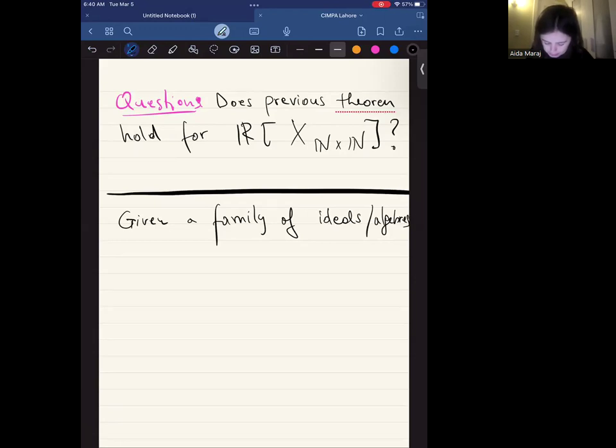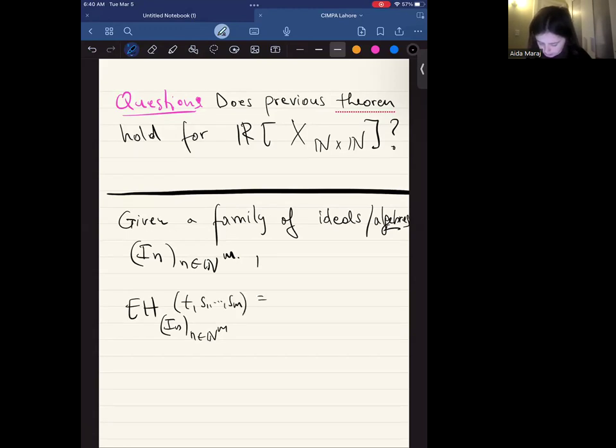So I'm going to call them IN, let's say, n to the m. And similarly for algebras, the equivariant Hilbert series of this IN, n in n to the m, of T, S1 through Sm is going to be the sum of the Hilbert series for each IN.